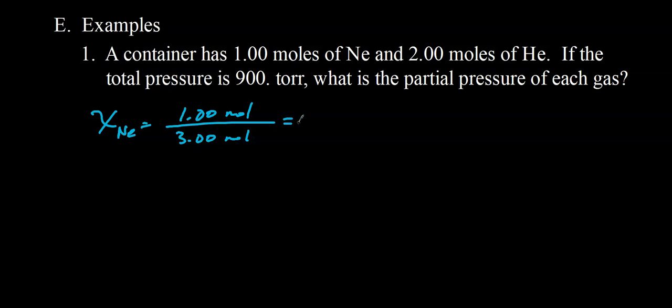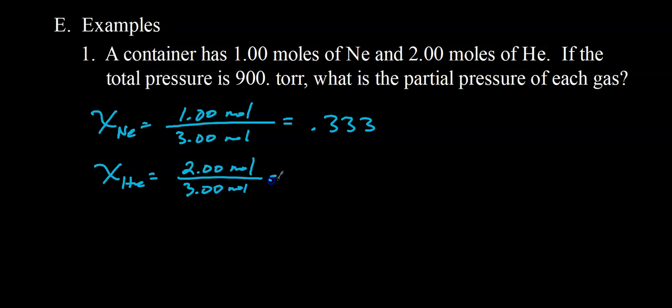And so the mole fraction for the neon is 0.333. And then helium, do the same thing, moles of helium divided by total moles. And our mole fraction for the helium is 0.667.